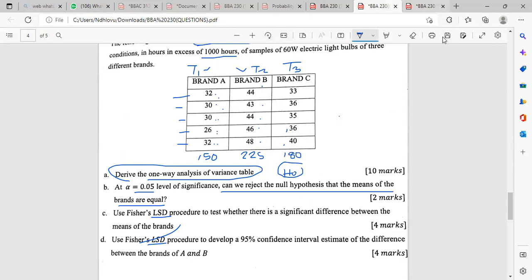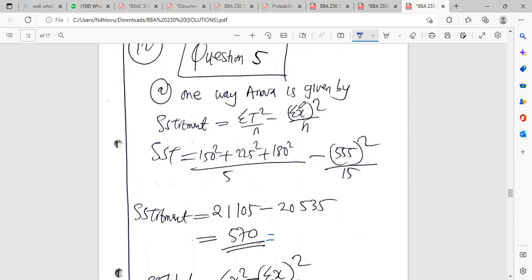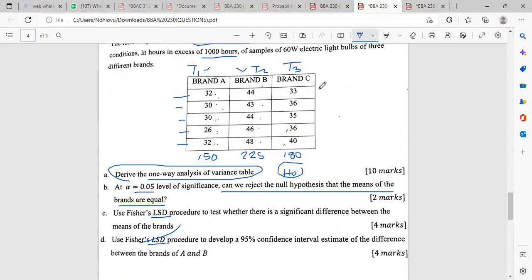So now here, the sum of squares of treatment, we found 570. This one minus the summation of x simply means we add all the figures in that given parameter. So the summation of all these is the addition of all these values, meaning you simply add 150 plus 225 plus 180.